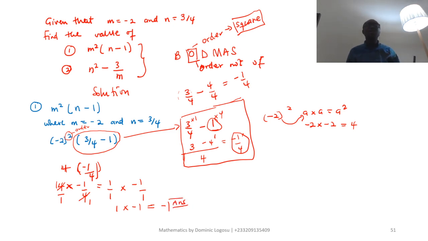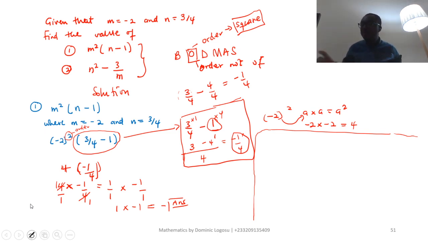Because of space, let me just work on this side of the board. I'll just solve my number 2. I just pray it will fit. So solving that, sorry about that. I like to check my phone to see if I'm still live, so that if I've lost connection, I'll know and do something about it.